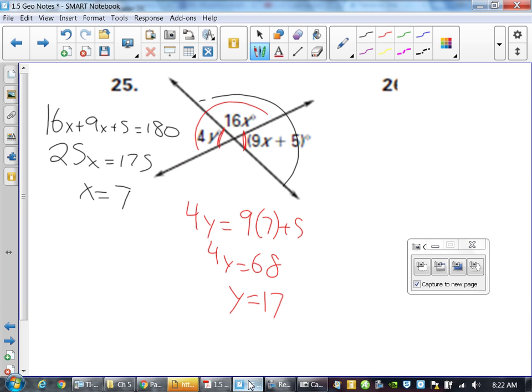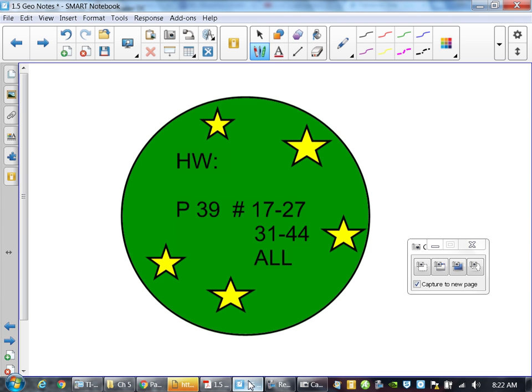Now I think the problems I had, I might adjust what I put on. What section is this? It was 1.5. Let me check here. So it's page 39. Let me make sure these are the ones I like. I'm just double checking the numbers.